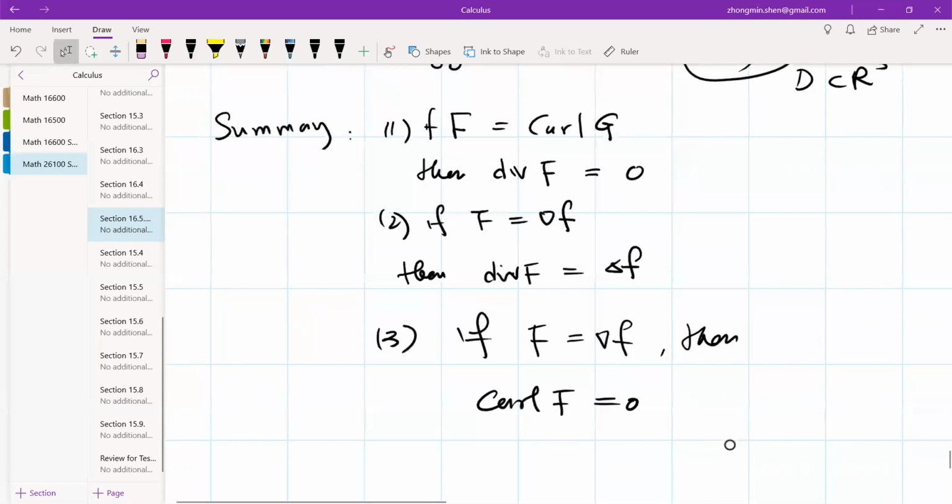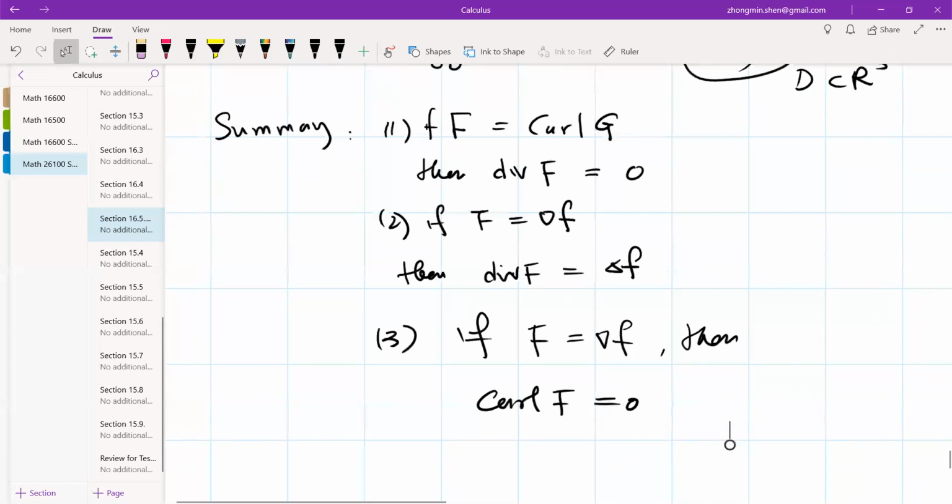A vector field can be the gradient of f, and if it's the gradient of f, then the curl of the vector field is 0. It also can be the curl of another vector field, and then the divergence of it must be 0. But this is a necessary condition. So if the divergence is not 0, then this cannot be the curl of another vector field.